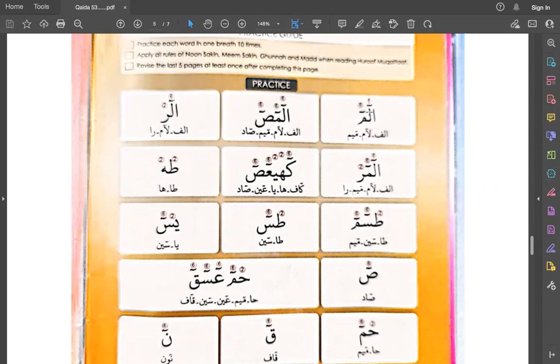Lam is not being pronounced like la, li, lu, but we are saying the name of it. Lam. Lam is the name of this letter. So we are saying the names of the letters, not the sounds. So here the first one is Alif.